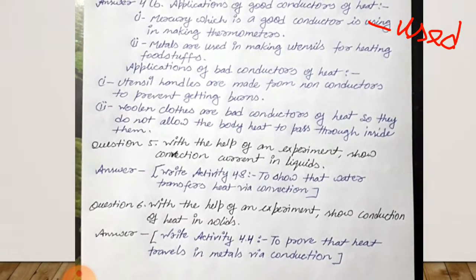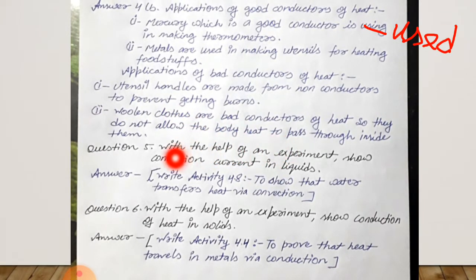Now question number 5. With the help of an experiment, show convection current in liquids. So here in the answer of question 5, you have to write activity 4.8, which is to show that water transfers heat via convection. You have to write this experiment here, and you have to draw the diagram which is given with activity 4.8.